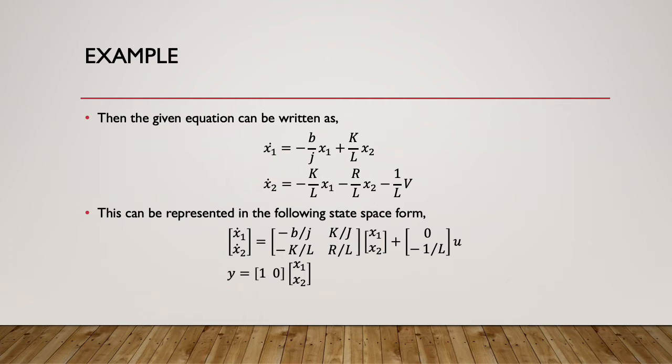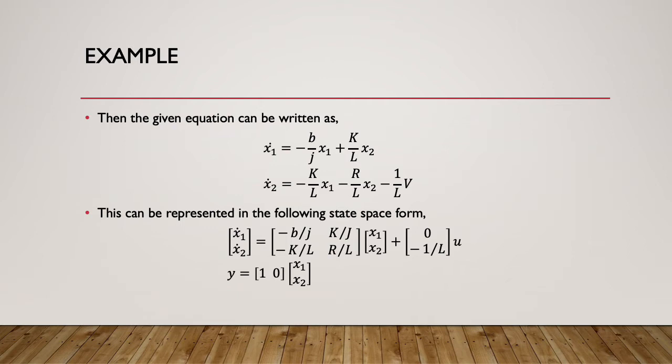If you represent your state differential equation in terms of x1 and x2, we will have this kind of equation, and it can be represented in the form of a matrix. The vector x1, x2 is called the state vector. x1 and x2 are independently called the state variables, and they represent the states of the system.